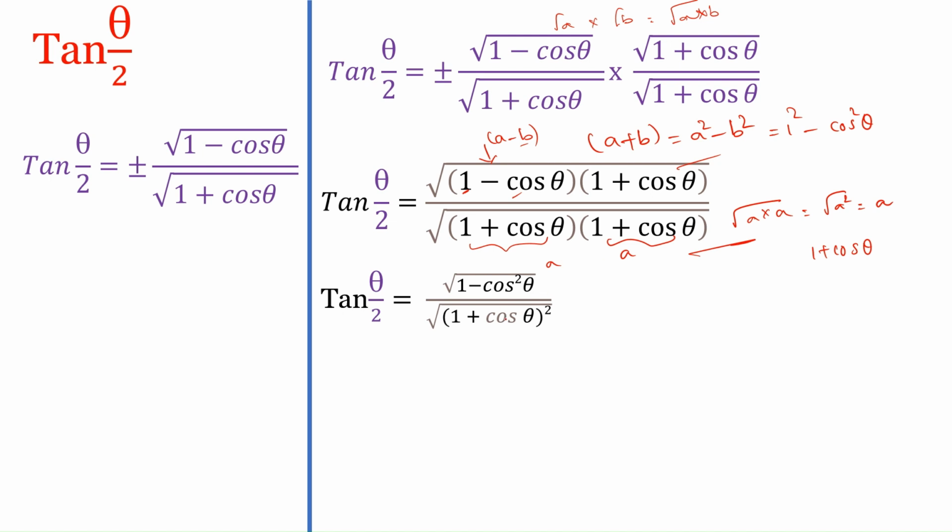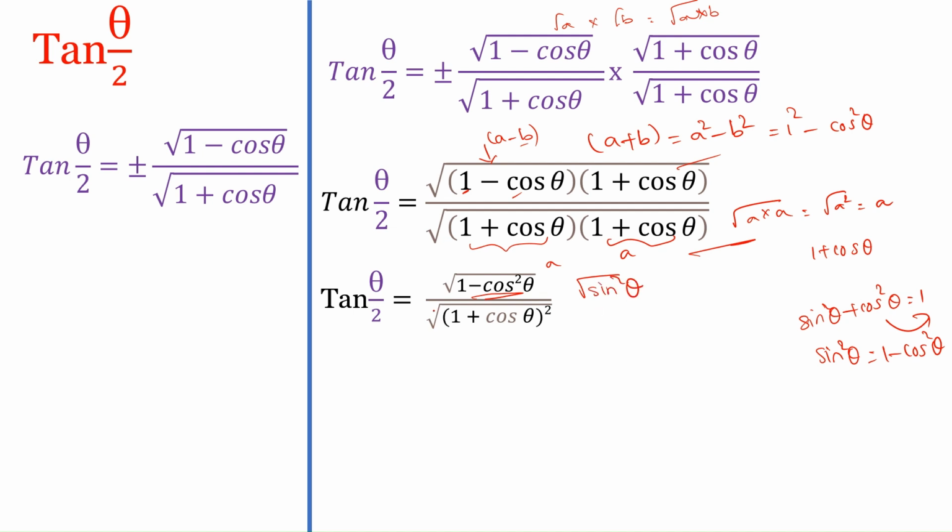Now, here in the numerator, again using this Pythagorean trigonometric identity, which says that sin square theta plus cos square theta is equal to 1. Transpose the cos square. This leaves sin square theta equal to 1 minus cos square theta. So in place of this 1 minus cos square theta, we can write it as sin square theta.